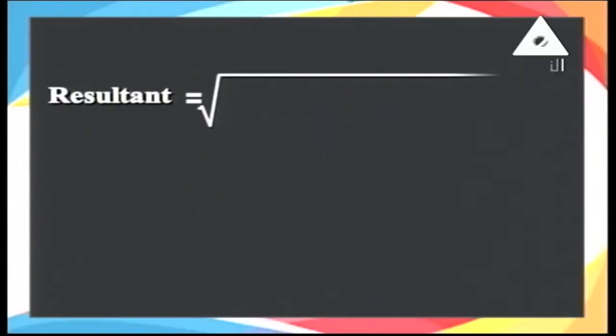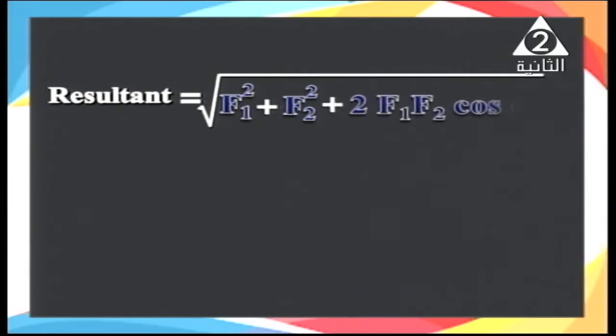What is the meaning of the resultant of the two forces? We use the rule: the resultant equals the square root of F1 squared plus F2 squared plus 2 F1 F2 cosine alpha. Remember, my dear student, alpha is the angle between the two forces, 150 degrees.